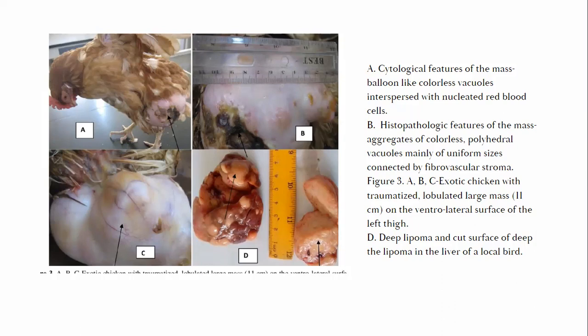So, ito yung sa second picture, sa letter C, there is a pale and a very large mass. And sa letter D, it is a deep lipoma, cut surface of deep lipoma of the liver of a local bird.